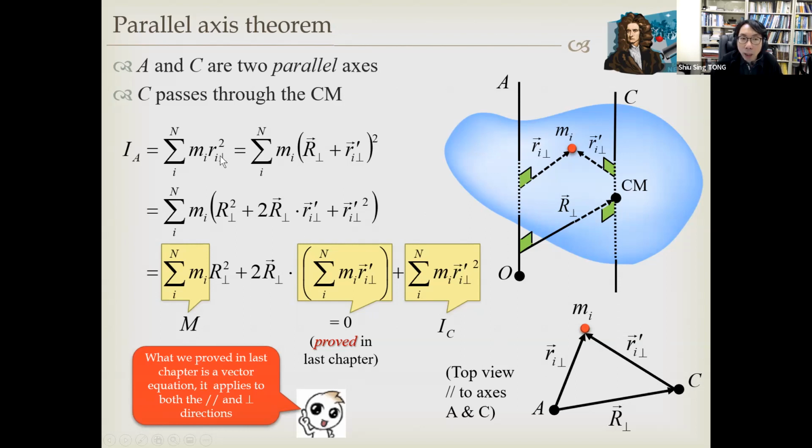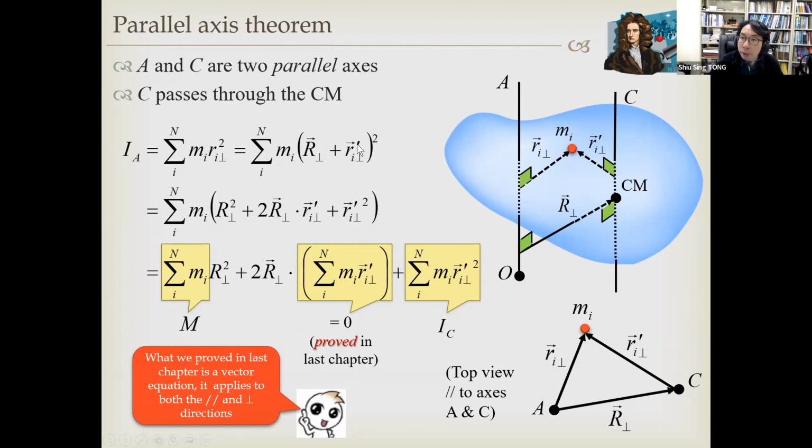You can see this vector Ri perpendicular is equal to Ri perpendicular prime plus capital R perpendicular. A simple vector addition between this vector and this vector will give you this vector. So I can now replace Ri perpendicular with capital R perpendicular plus Ri perpendicular prime, and I take the square of it.